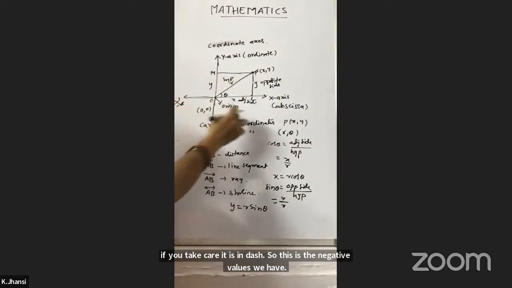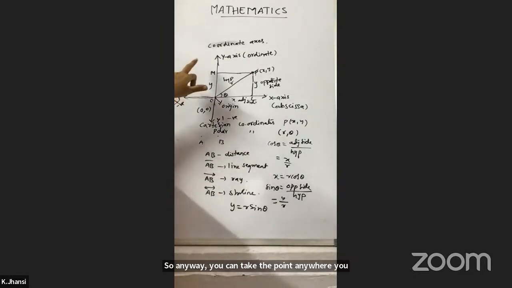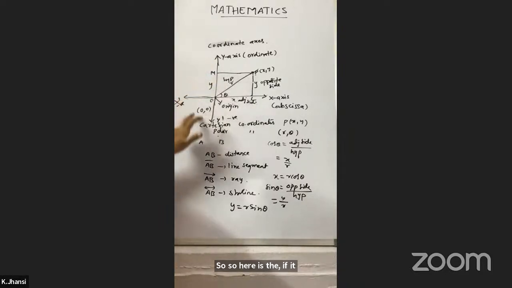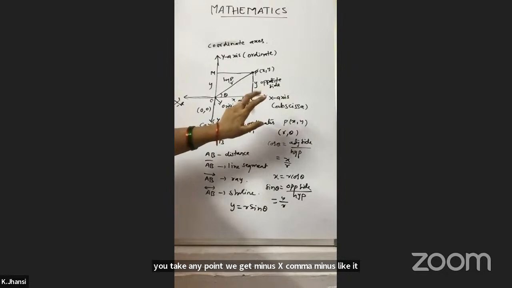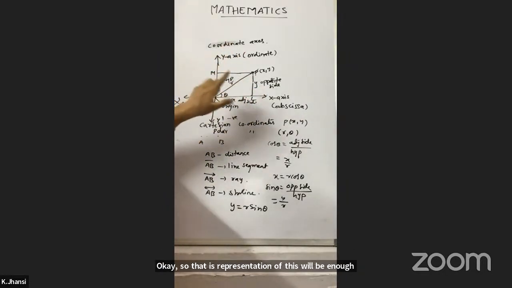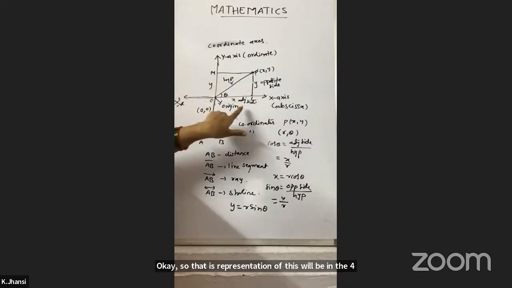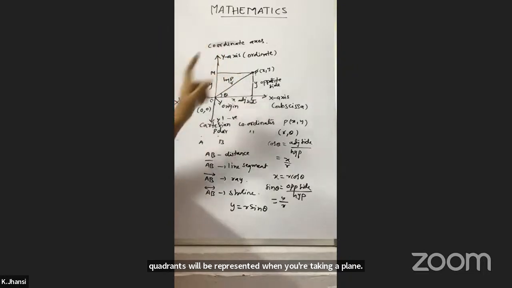So anywhere you take the point, you can represent it. Here x value is negative, so you will get minus x comma y. Here you will get minus x comma minus y. Here you will get x comma minus y. So the representation will be in the 4 quadrants when you take a plane. In 2D, we deal with the x and y axes.